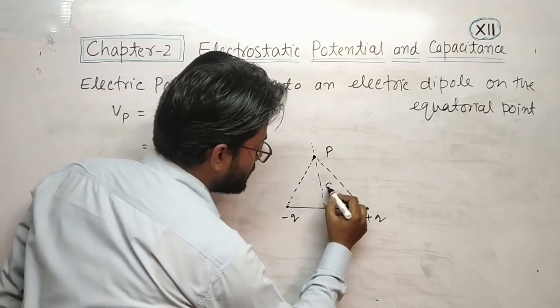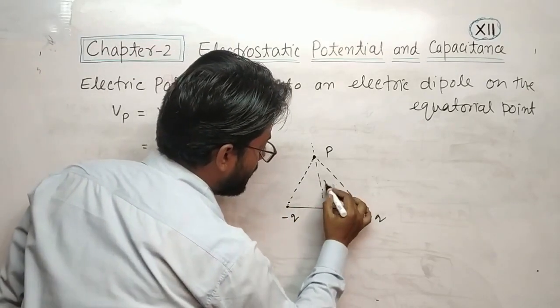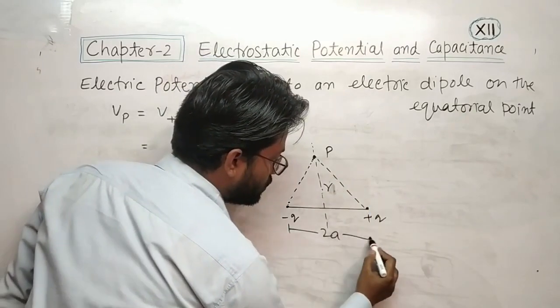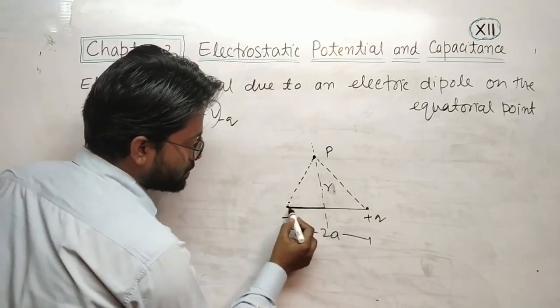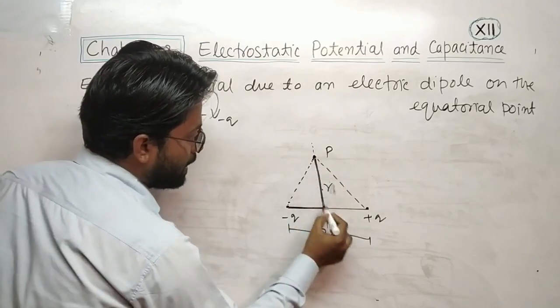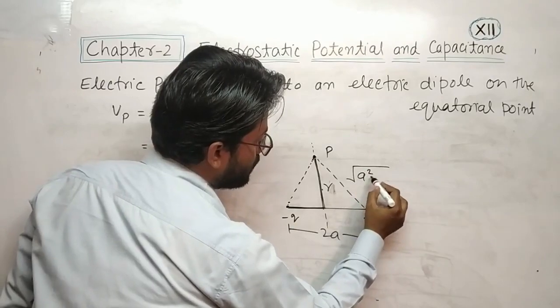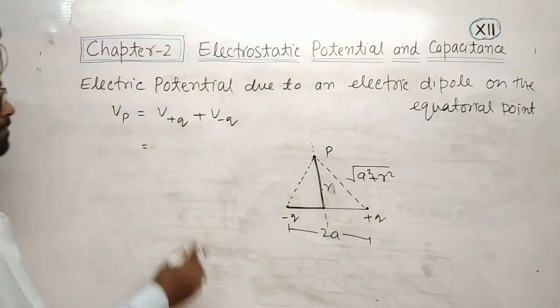Let us suppose this distance is R, and this distance is 2a, so this distance is a and this is R, and the hypotenuse will be equal to under root a square plus R square.